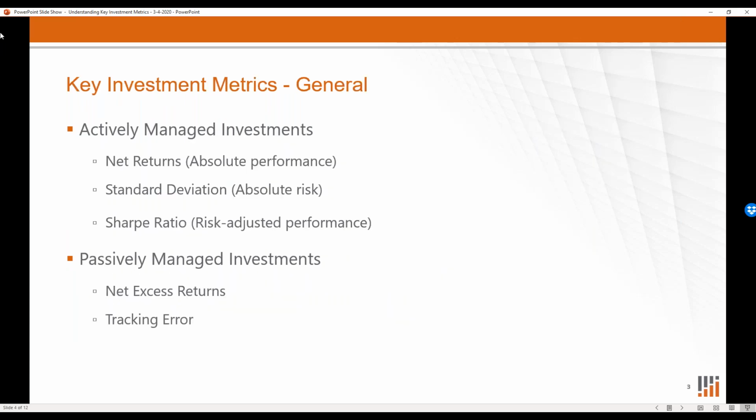So what are some of the key investment metrics? As we're looking at actively managed investments, we identify here some of those core measurements that would serve as a starting point. The next step would be to take a deeper dive into performance and risk measures, and that's going to vary from fund to fund.